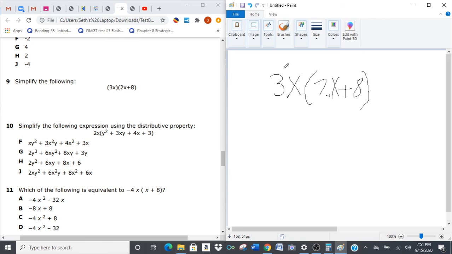All you do is take the number outside of the parenthesis, the number that's by itself, and multiply it by the first one, which is 3x times 2x, which is 6x squared. Now if you're ever in doubt, do it the long way. So you do 3 times x times 2 times x. That's how you get the x squared, from these two x's.